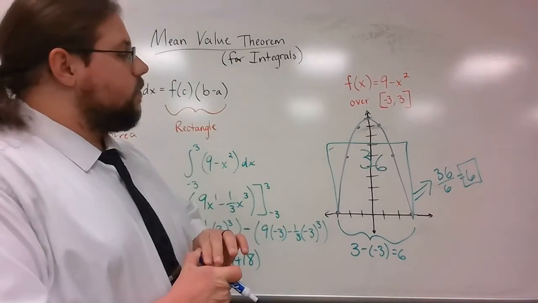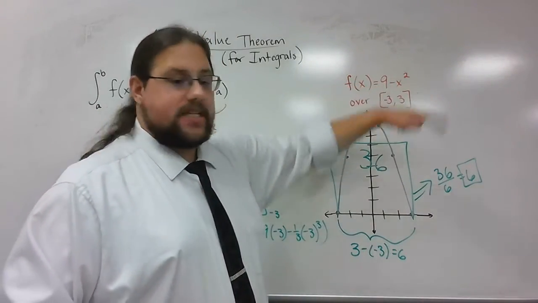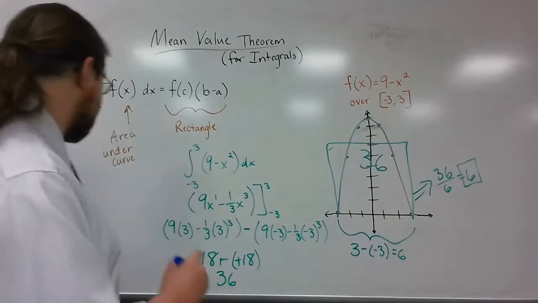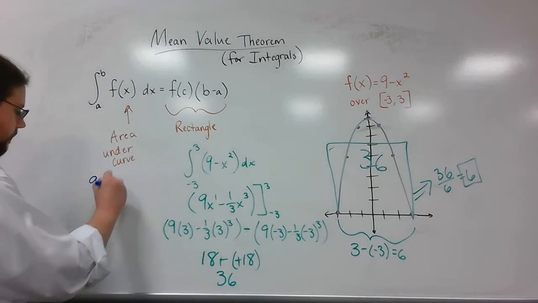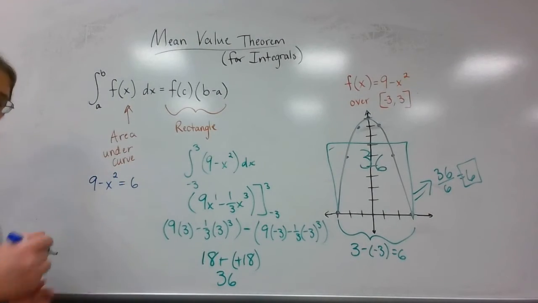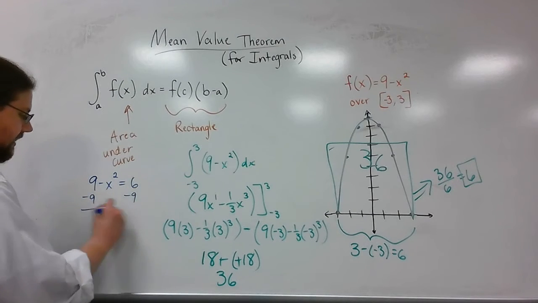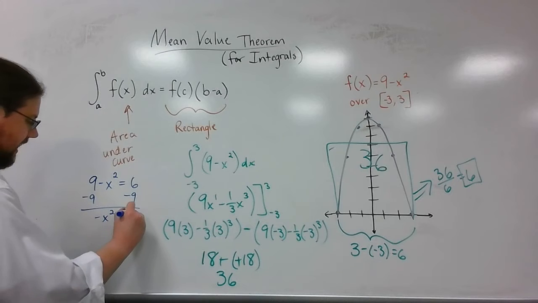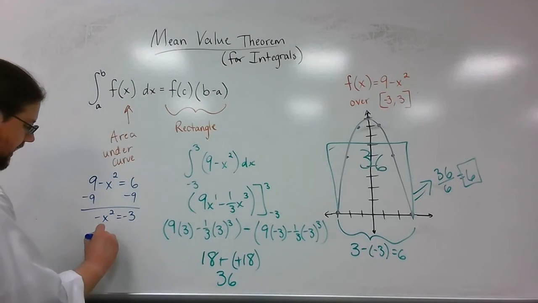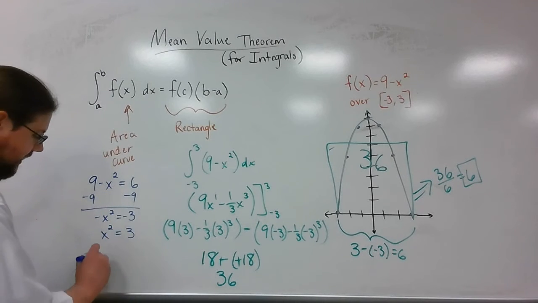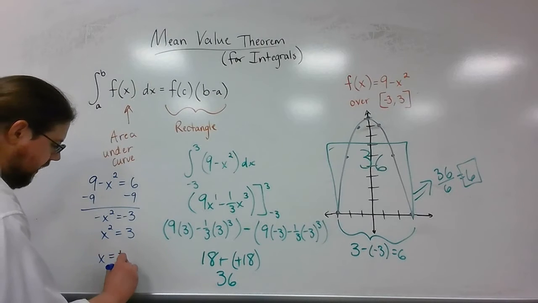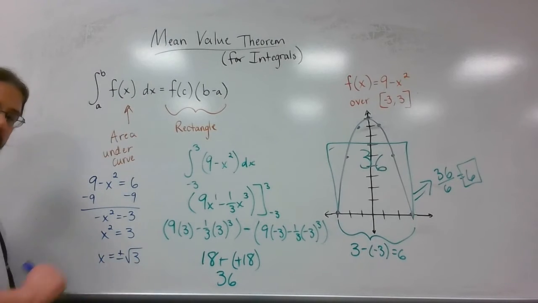So, again, I'm going to say 9 minus x squared, and I'm going to set it equal to 6. And that's going to help me find the c value that I'm looking for. So I would subtract the 9 and get negative x squared equals negative 3. Divide by the negative and you get x squared equals positive 3. And then square root it. So you're going to get two answers: plus or minus the square root of 3.